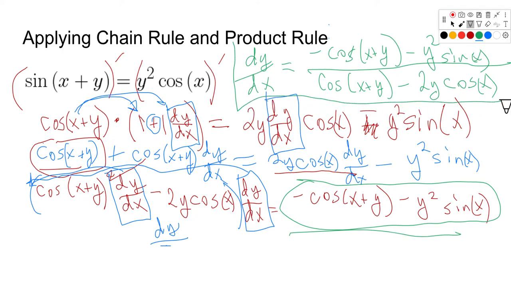And again, if they wanted the derivative at a point, or they wanted the tangent line, we could find the slope by plugging in x and y and getting a numerical value for that derivative. Because remember, what is a derivative? Slope of the tangent line, instantaneous rate of change at a point.